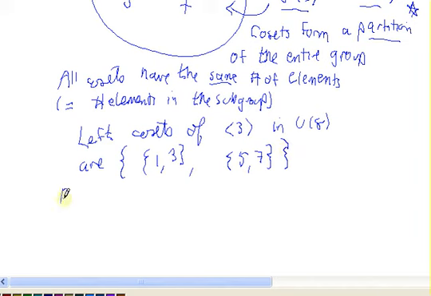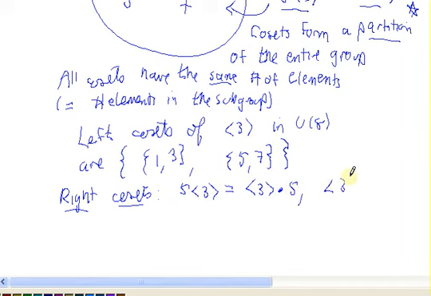Okay, what about the right cosets? All right, now in this case, you can see that the multiplication is commutative. So whether I take 5 times ⟨3⟩, or I take ⟨3⟩ times 5, if I multiply all the elements of ⟨3⟩ on the right instead of on the left, I'm going to get the same result. And I also have 7 times ⟨3⟩ is equal to ⟨3⟩ times 7.